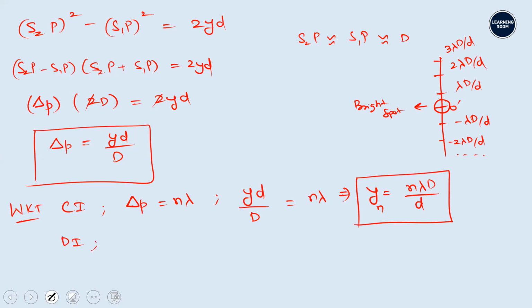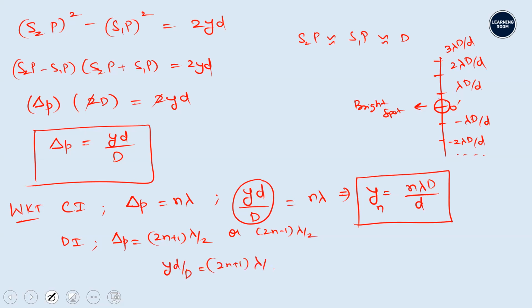Similarly, for destructive interference, what is supposed to be the path difference? Delta P should be equal to 2n plus 1 into lambda by 2, or 2n minus 1 into lambda by 2, accepted. But what is delta P? Y into small t divided by capital T. Y into small t divided by capital T is equal to 2n plus 1 into lambda by 2.